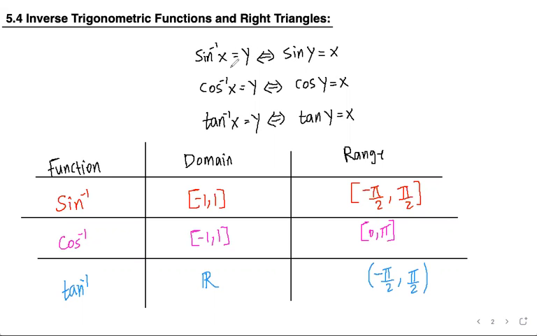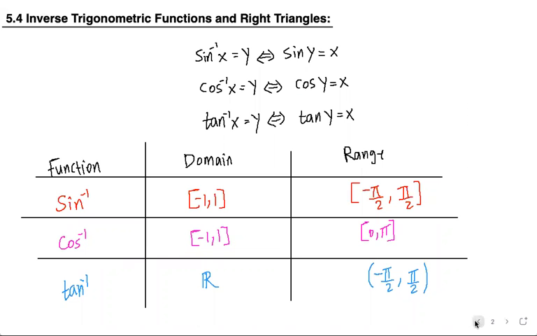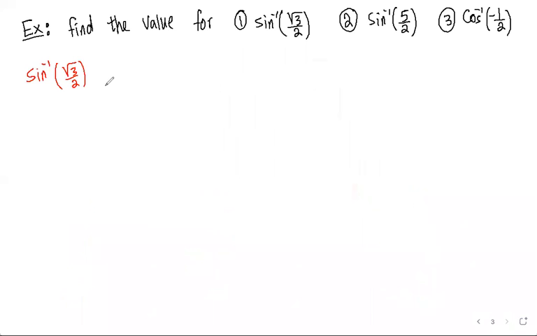Before applying this formula, I have to check the domain. The domain of the sine inverse must be between negative 1 and 1. Does square root of 3 over 2 belong to the domain, negative 1 to 1?